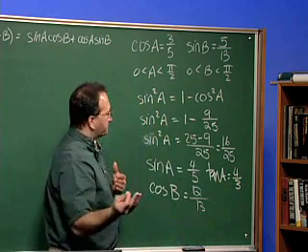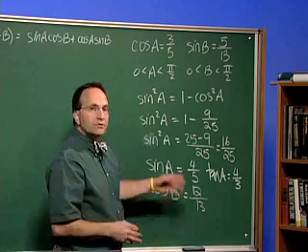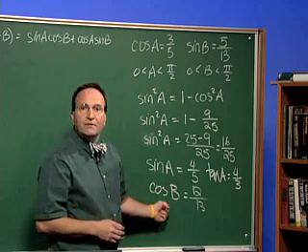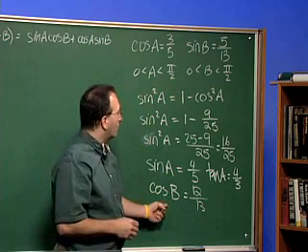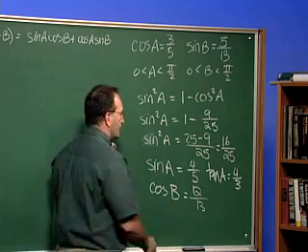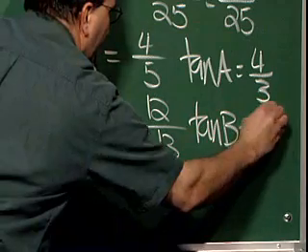And then we want to find the tangent of B, which would be equal to the sine of B, 5/13, divided by the cosine of B, which is 12/13. So the tangent of B is 5/12.